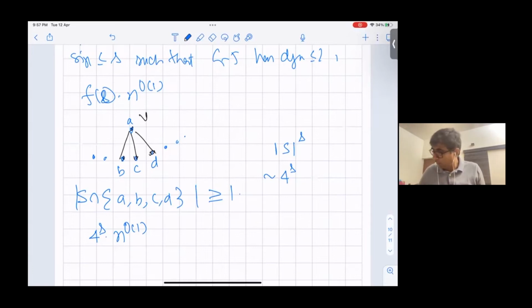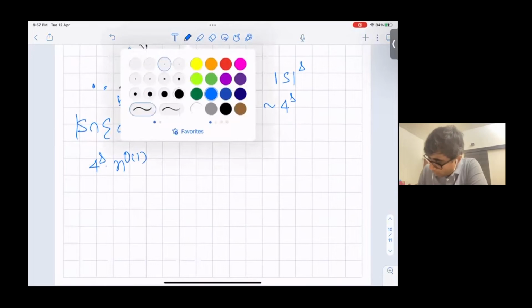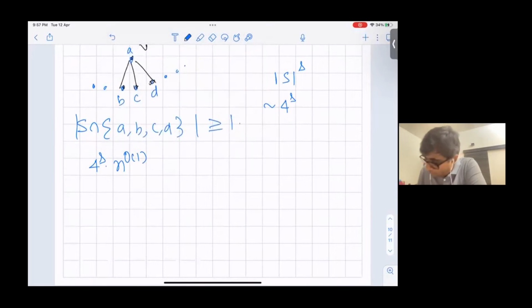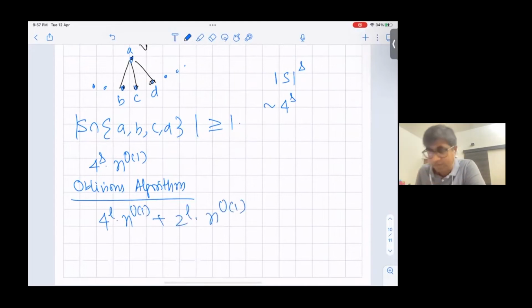I'm not trying to optimize anything. So now we got an oblivious algorithm, which is 4 to the power L times n to the power big O of 1, and this is 4 to the power S times n.